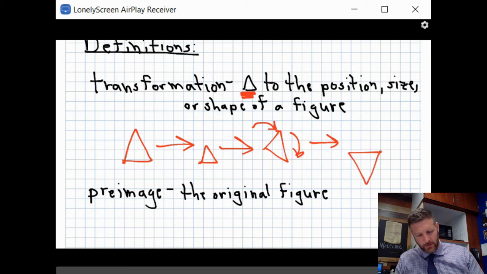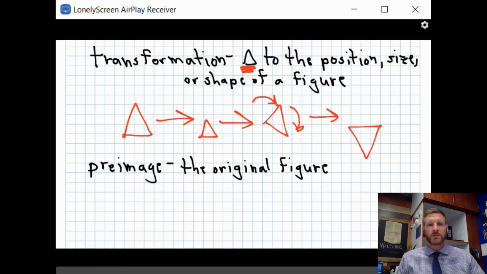So there, it's reflected downward. So a change to its position, shape, or size, and that is a transformation. And you'll see the next definitions are various types of transformations.